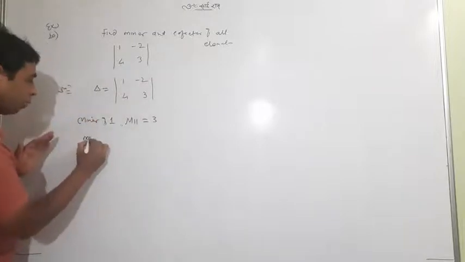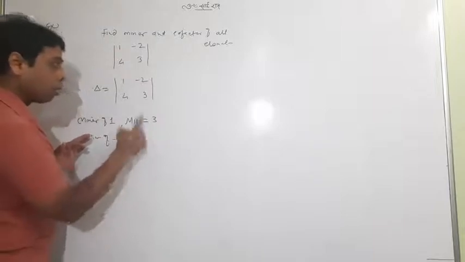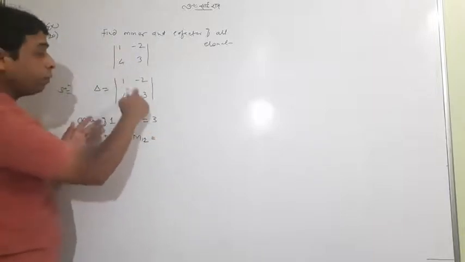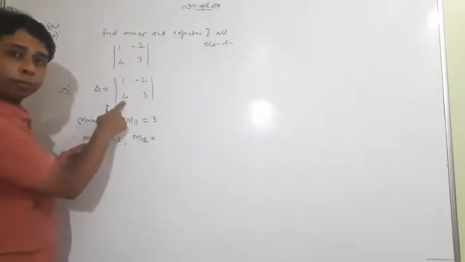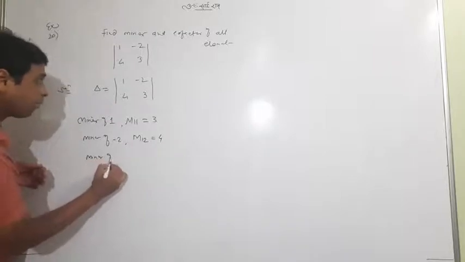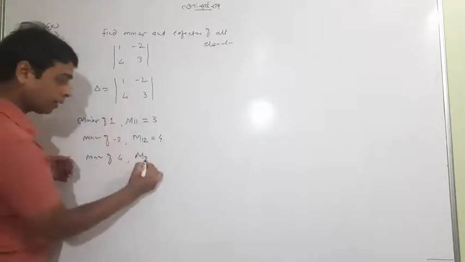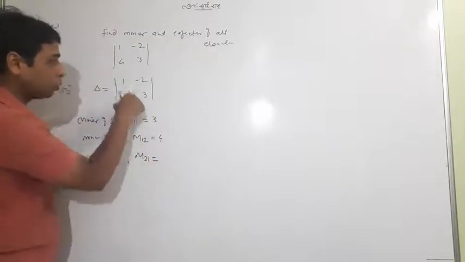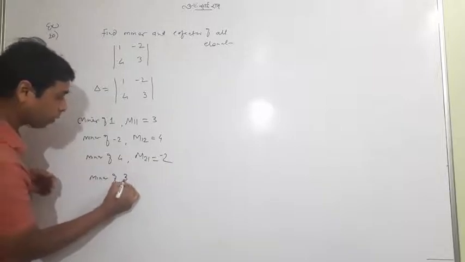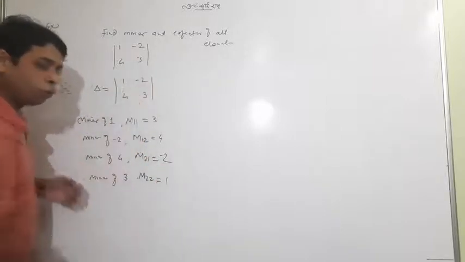Next, minor of minus 2, M12: first row, second column. Drop these 2, only 4. Minor of 4, M21: second row, first column. Drop these 2, only minus 2. And minor of 3 is M22. Drop these 2, 1. Hope you got it.